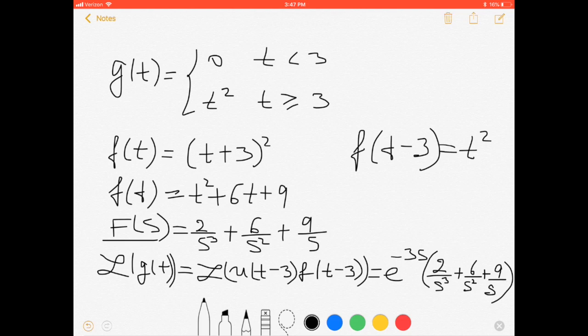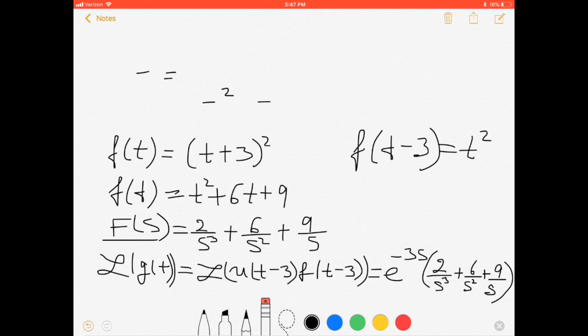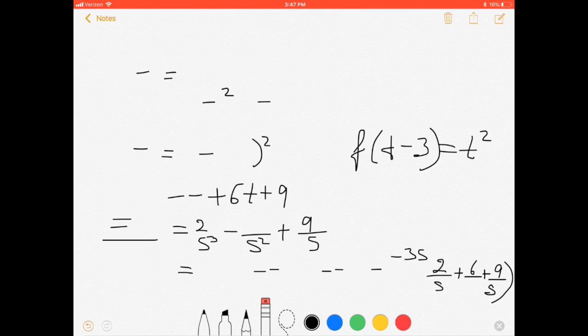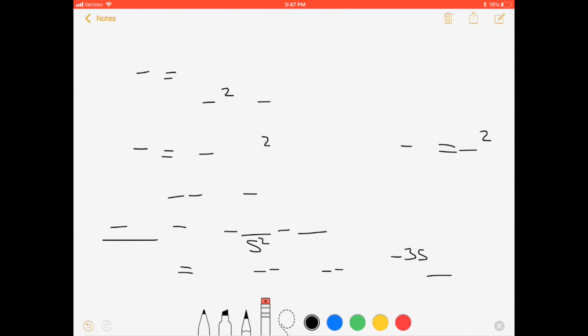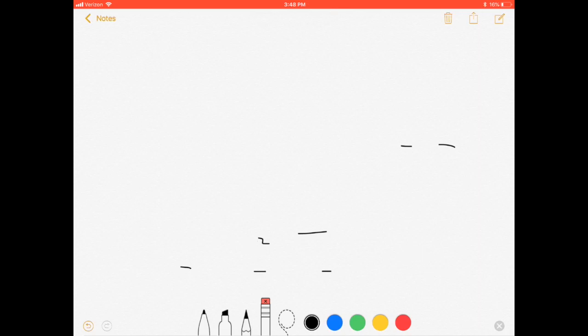Okay. One more example. Let's go to our function. It's a little bit different. We know the unit step function has 0 before some number and 1 after. What happens if we need the opposite?